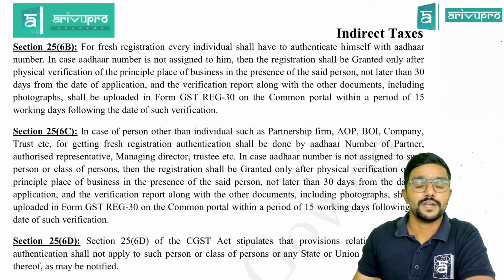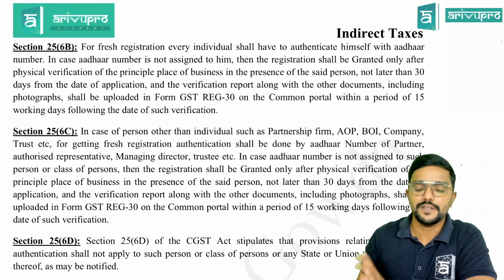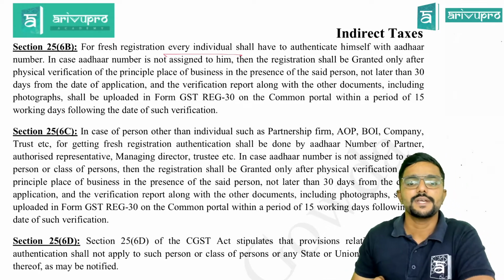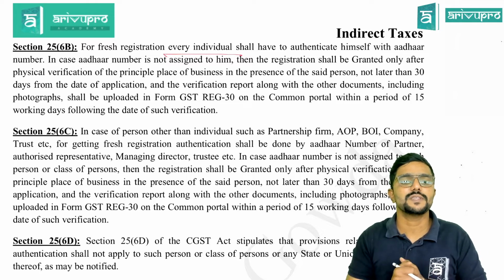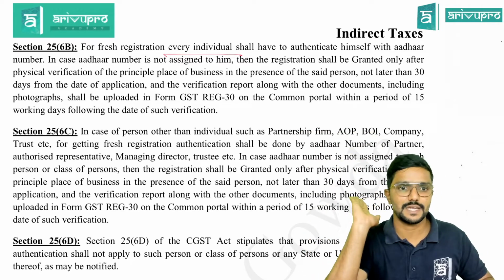Section 25 subsection 6B. For fresh registration, every individual shall have to authenticate himself with Aadhaar number. Means whenever he is applying for registration, in his application itself, he has to give his Aadhaar.